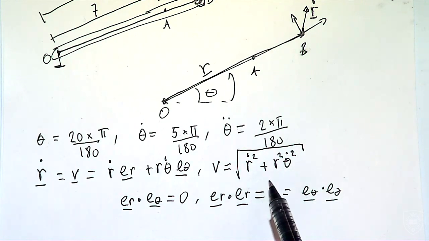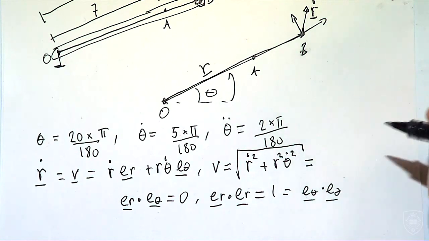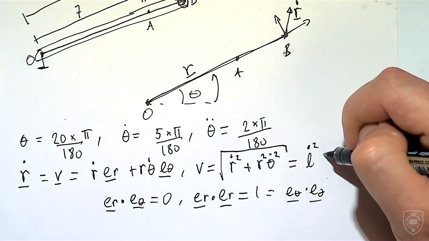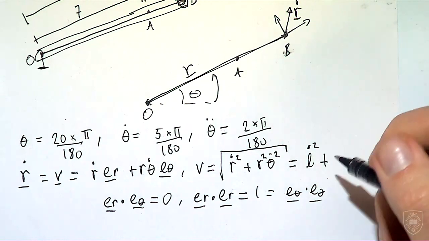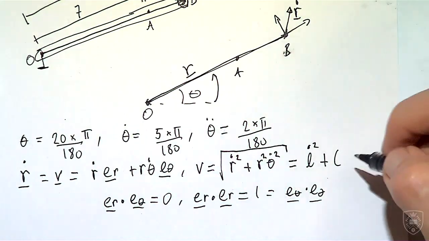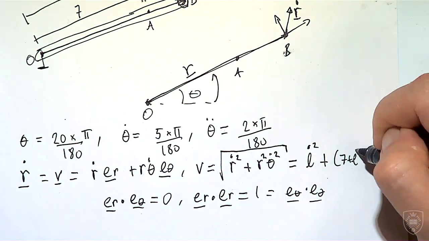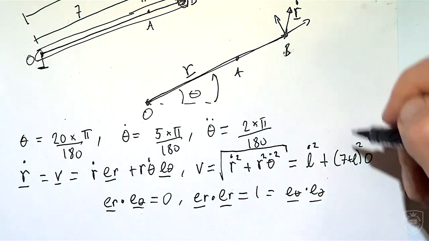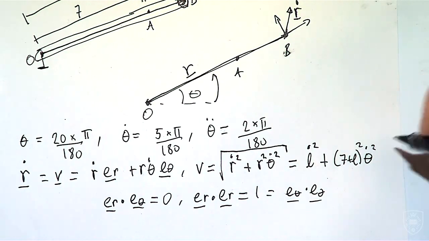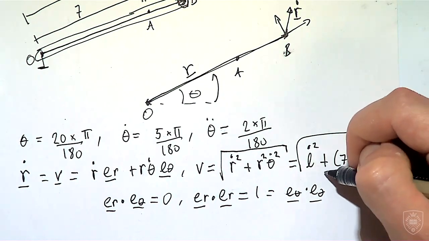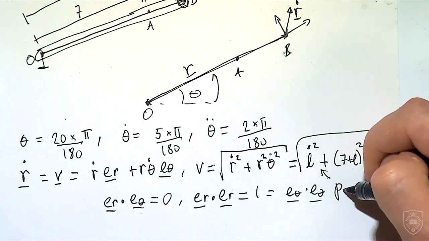So here we just substitute now what this means in terms of L. It's just L dot squared plus r squared, and remember, r has got the 7 in there, so it's 7 plus L squared, times theta dot squared. Theta dot is just theta dot, we're giving it directly in the question. So you could put numbers now in here.